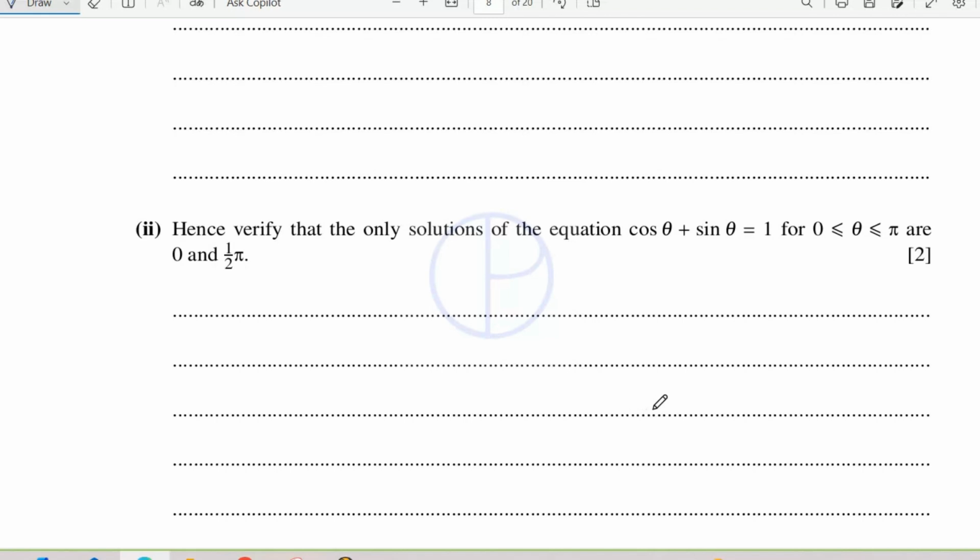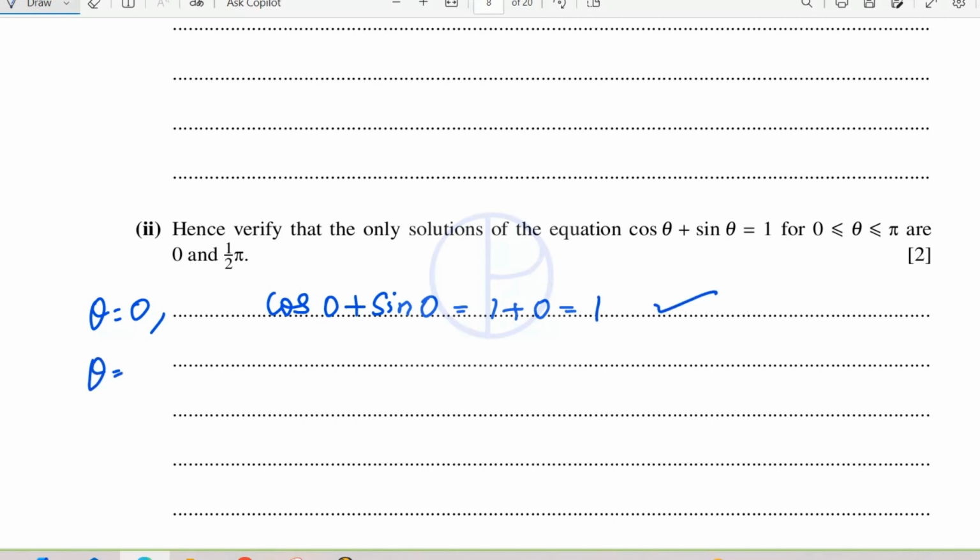Okay. So let's verify that. When theta is equal to 0, cos 0 plus sin 0 will be equal to 1 plus 0, which is equal to 1. So this is correct.